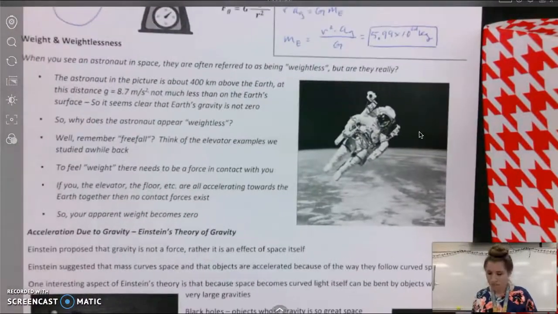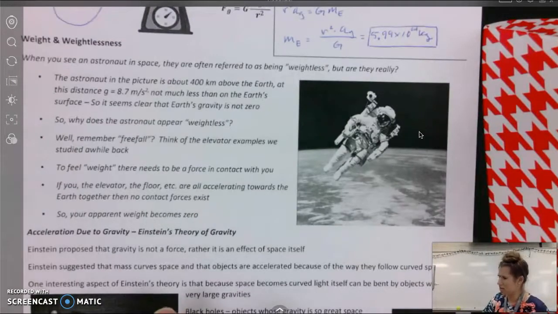Okay, now let's talk about weightlessness. We addressed this concept a little bit back when we were looking at those elevator problems. And remember how we had, what does your weight feel like when the elevator is accelerating up, and what does it feel like when the elevator is accelerating down? And when the elevator was accelerating down, it was moving out from underneath you, right?